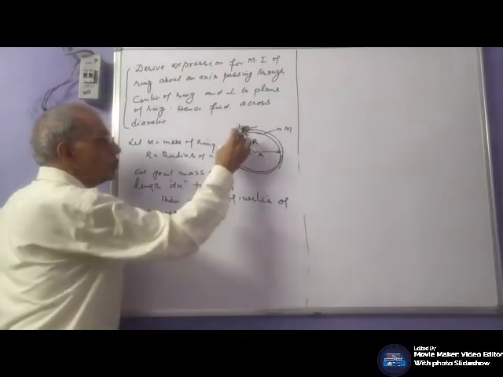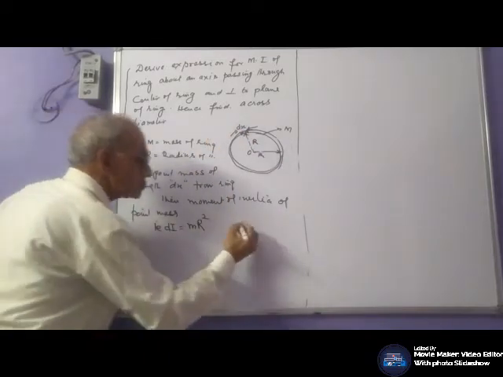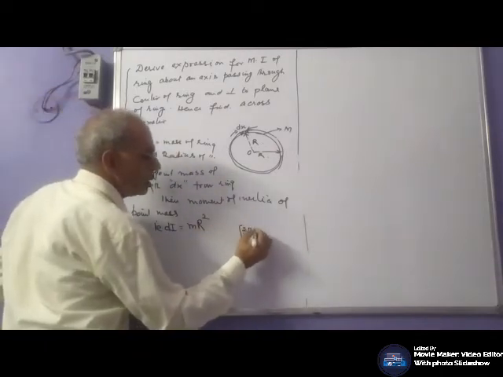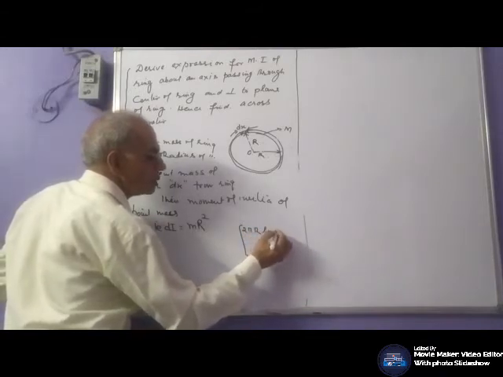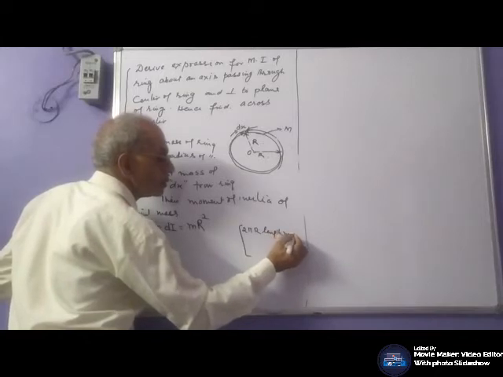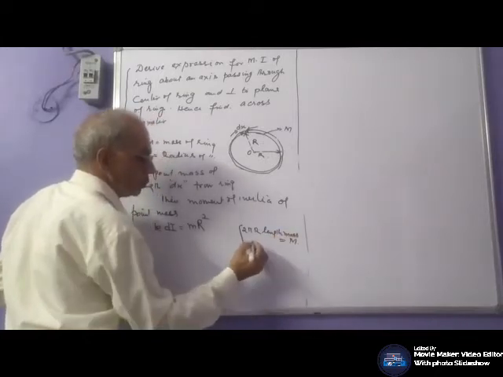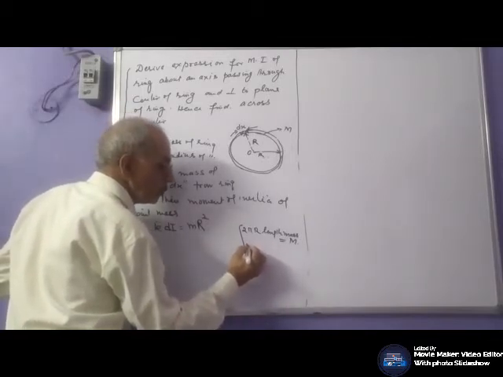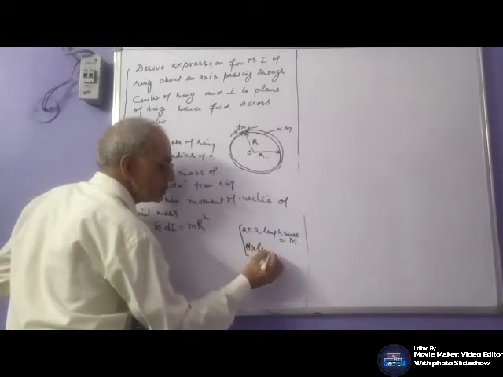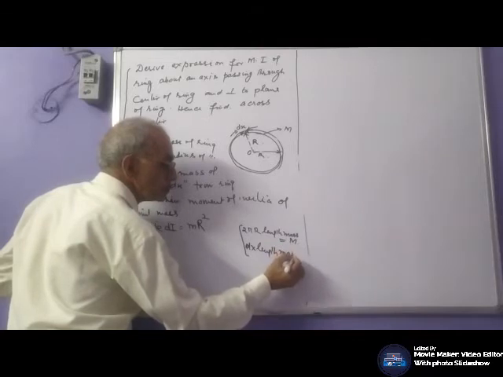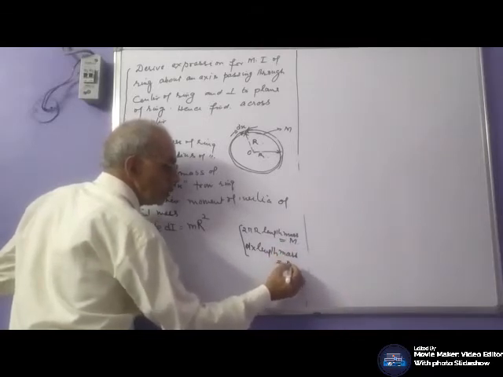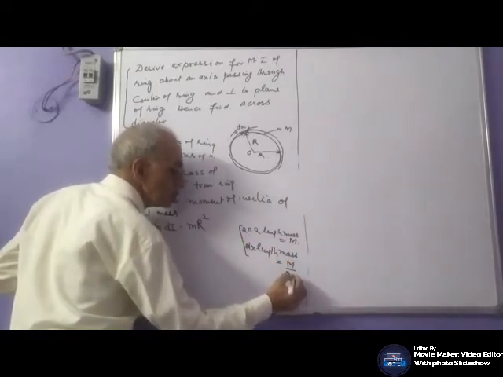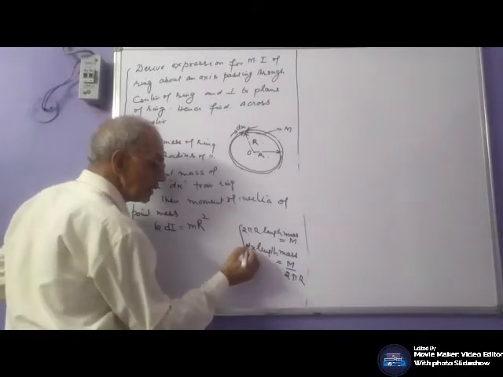What is this small m? Mass of this. Two pi r length, mass is capital M. Dx length, mass. 2 pi r mass is M. One length mass is M by 2 pi r, and dx length.